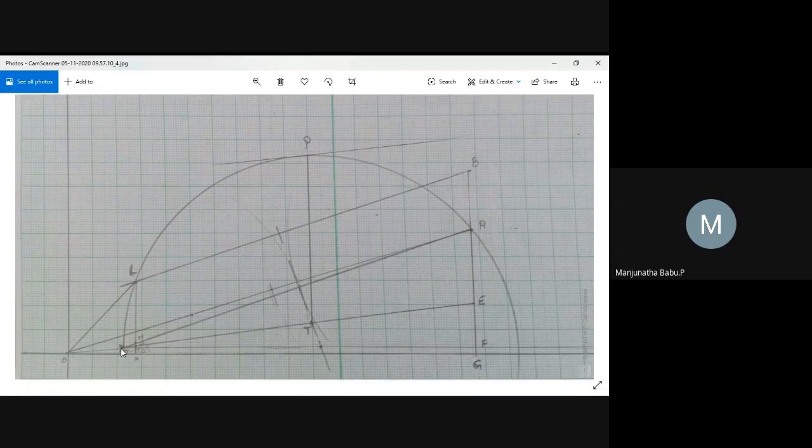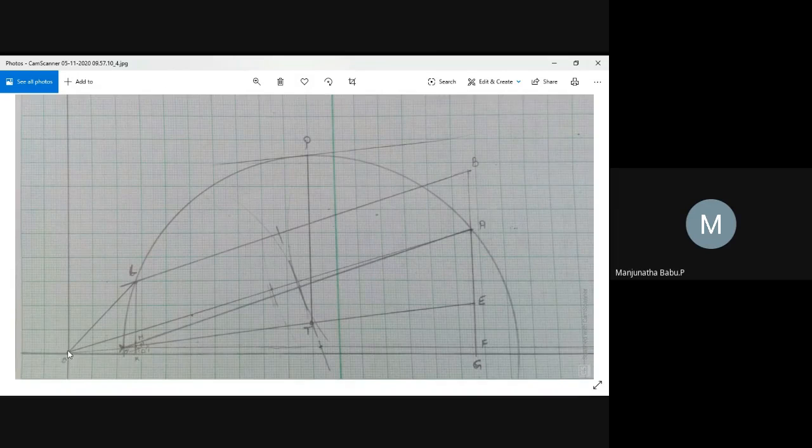Next, from O, take the angle 70.32 degrees. This is your angle, and somewhere here I marked it. With respect to this, the ISN value is 48; dividing by 3, we get around 16 centimeters.